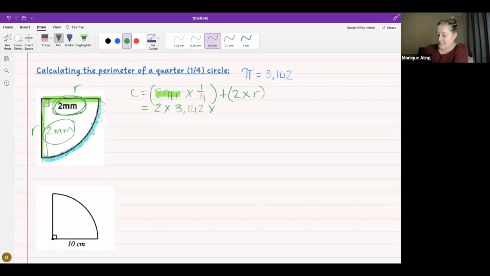Our radius is 2, times 1/4, plus 2 times our radius, which is 2. So 2 times 2. Okay, when I calculate the first bracket, I get 12,568, plus my second bracket is 4.